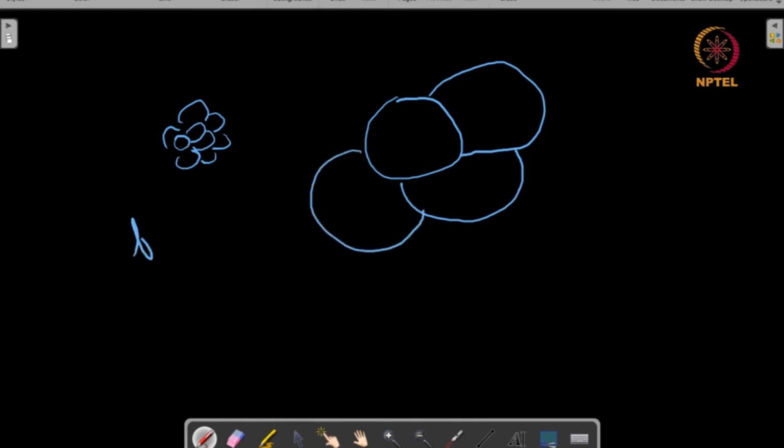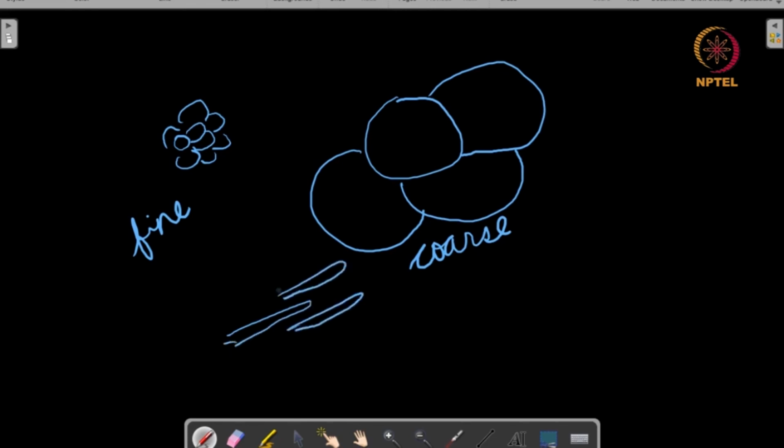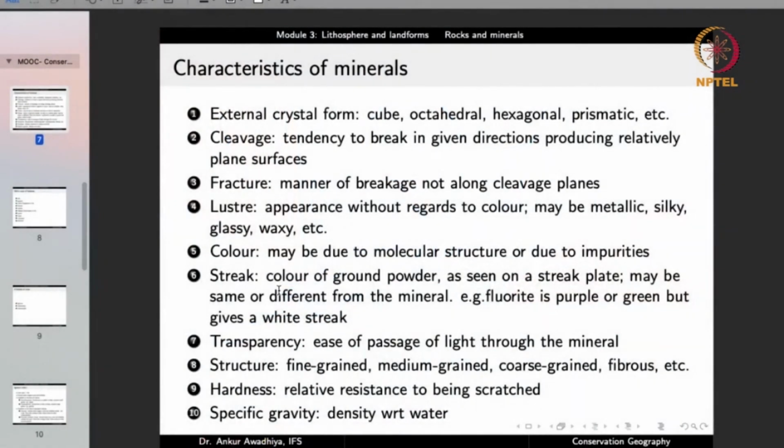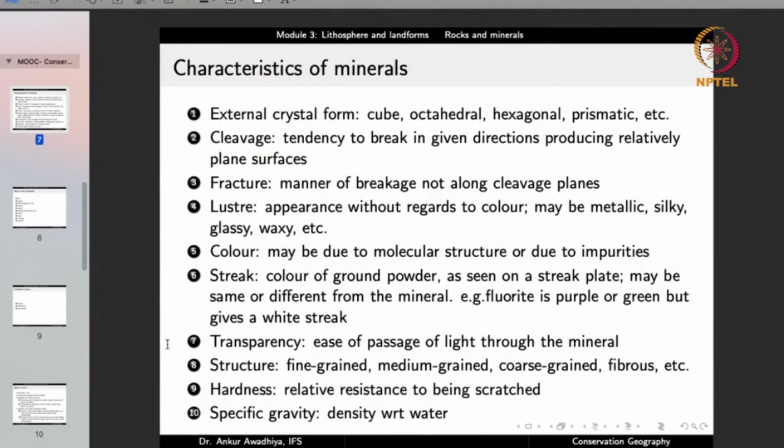This is a fine texture, this is a coarse texture, or you can have grains in the form of needles. So this is the structure of a mineral. But structure is typically difficult to identify under lab settings, so we try not to use it that much.